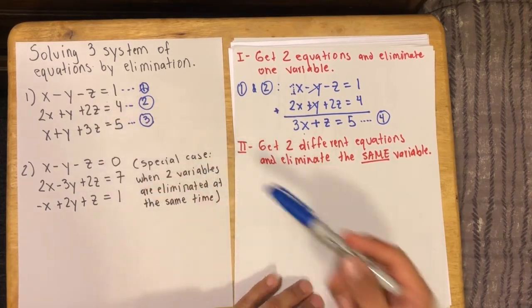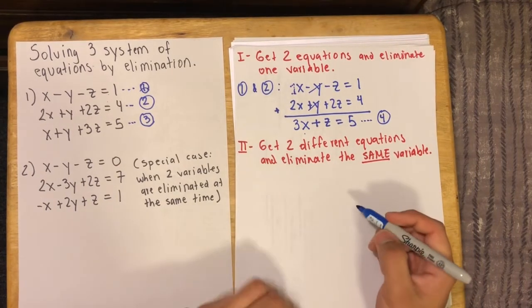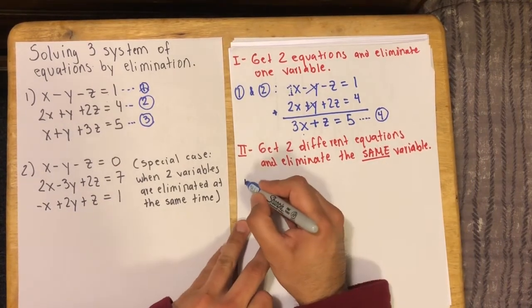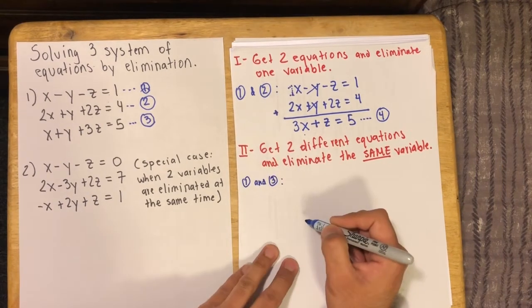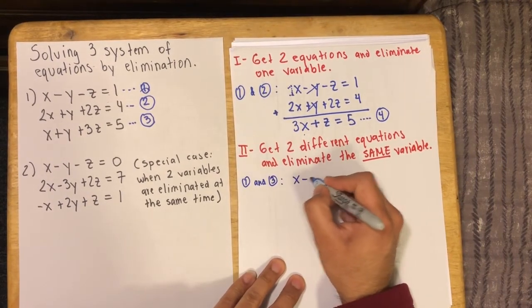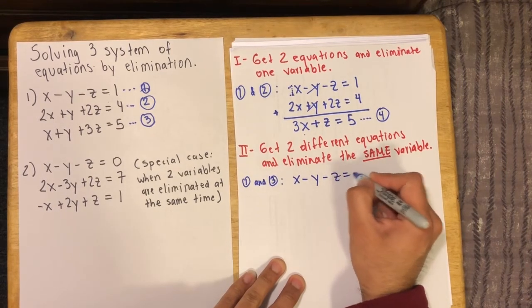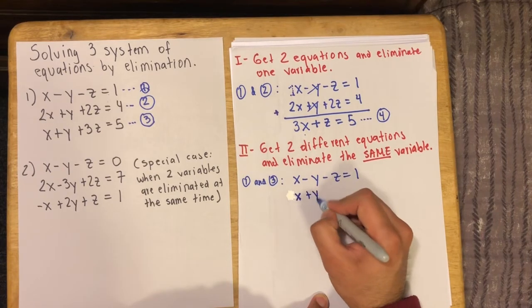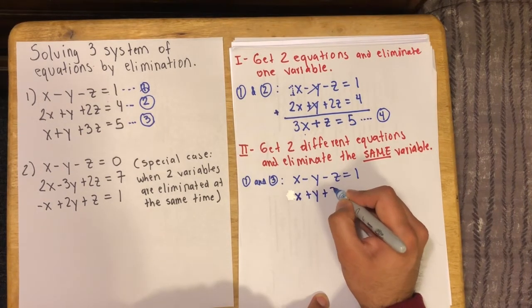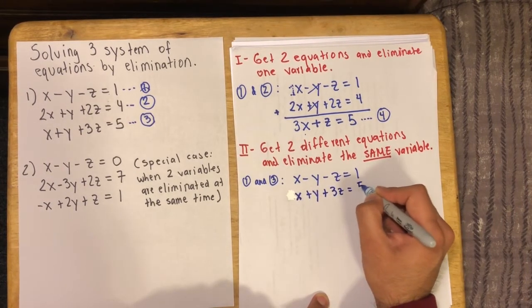Positive and negative will cancel. So I'm going to pick equation 1 and 3. Equation 1 is x minus y minus z equals 1, and equation 3 is x plus y plus 3z equals 5.